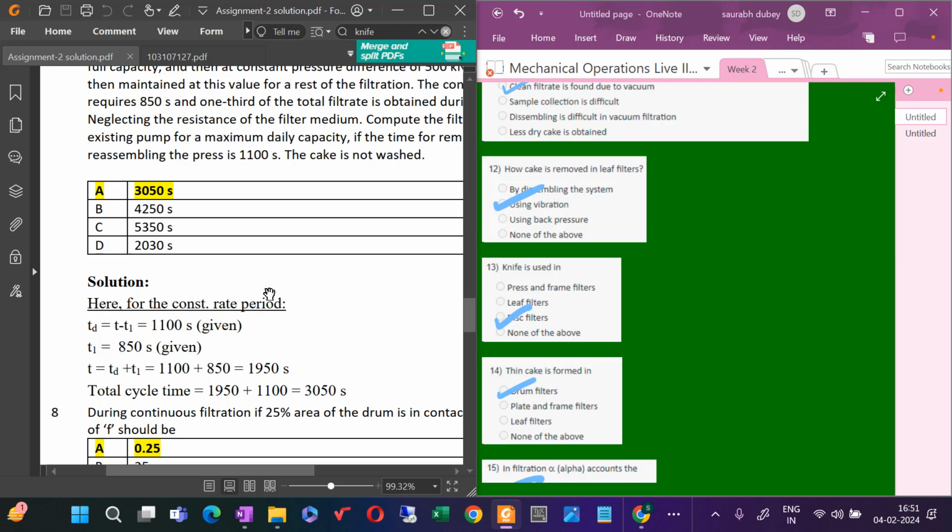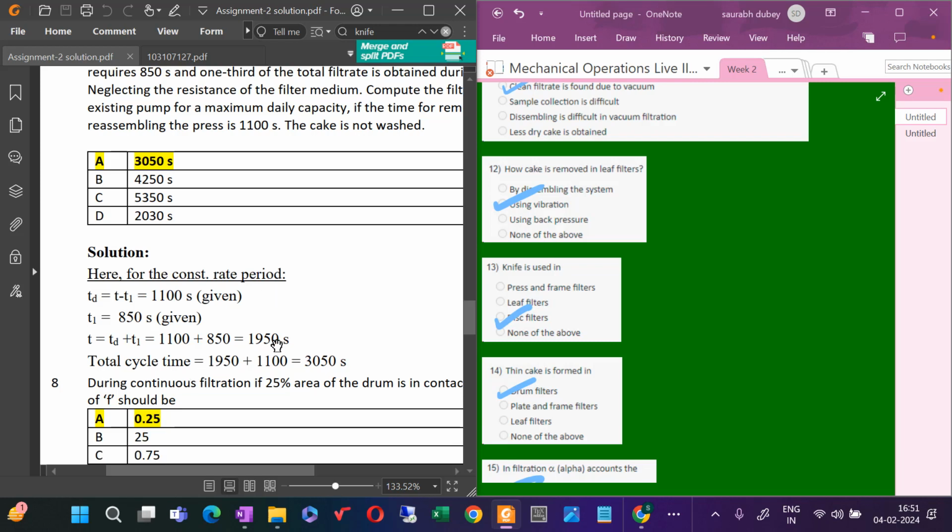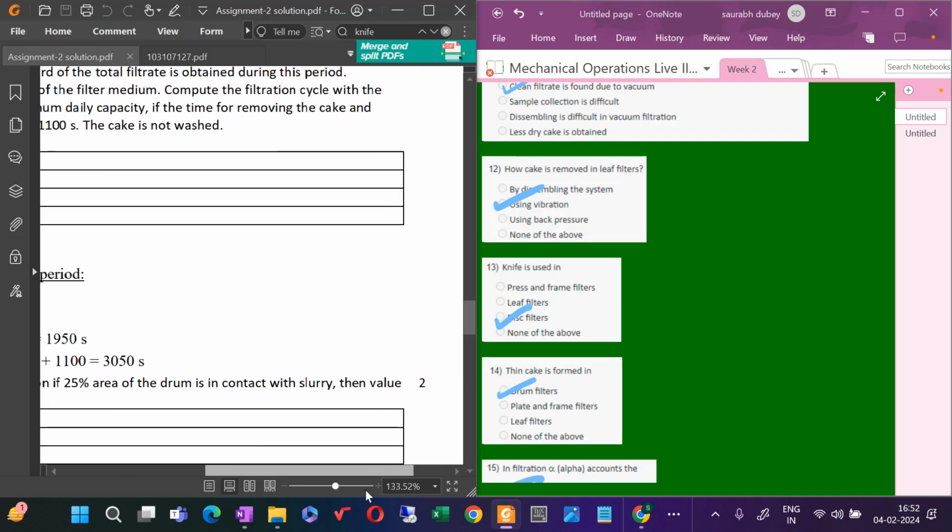So here the total cycle time was time for the filtration plus other time that has to be considered, which is TD. That is also given, for reassembling and removing the cake.